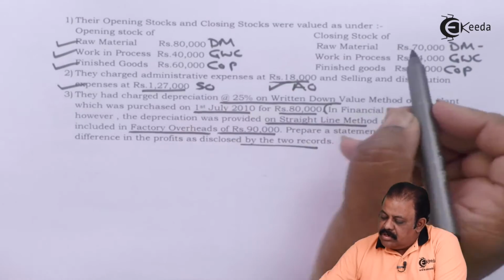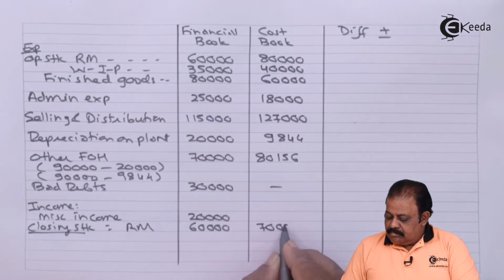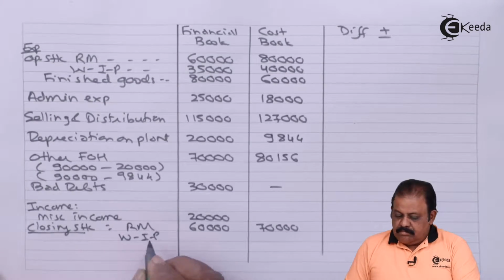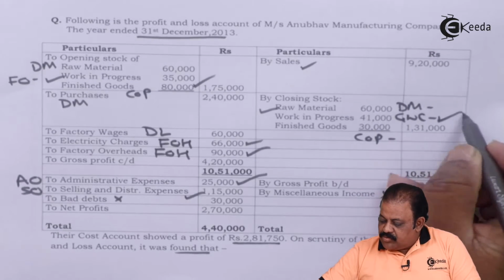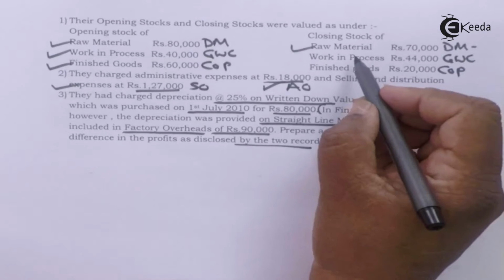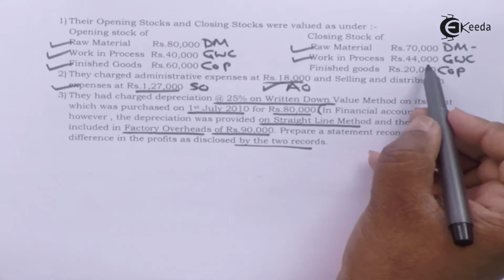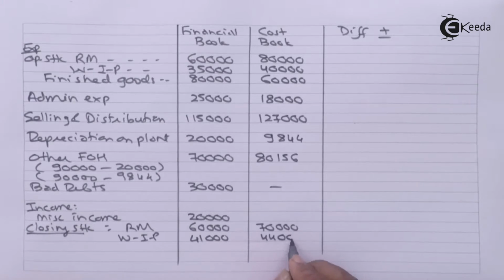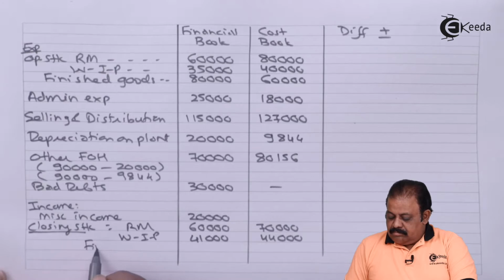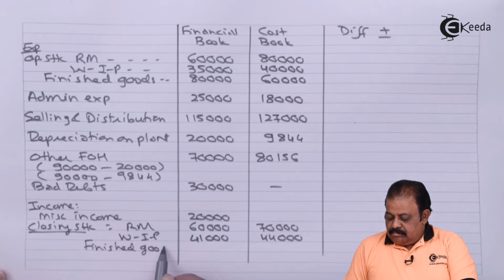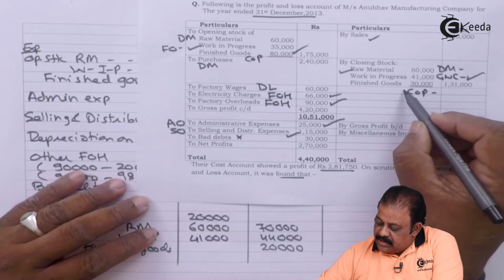As per cost book, closing stock of raw material 70,000. Work in progress as per financial book closing 41,000. Closing work in progress as per cost book 44,000. Finished goods as per cost book 20,000. As per financial book it is 30,000.